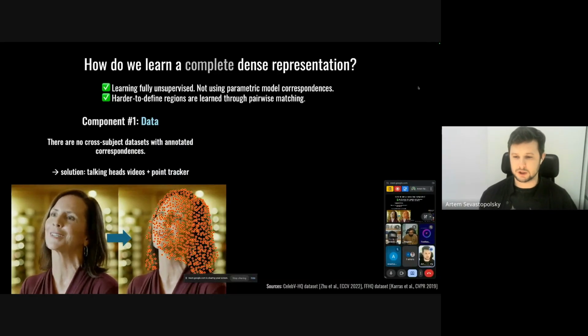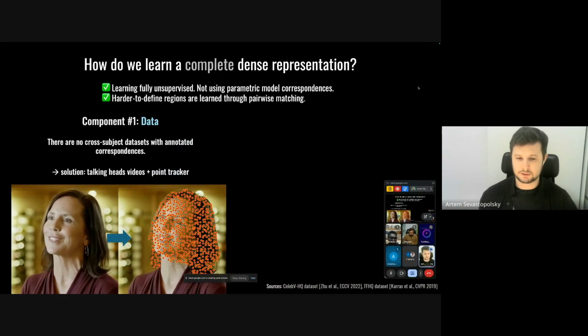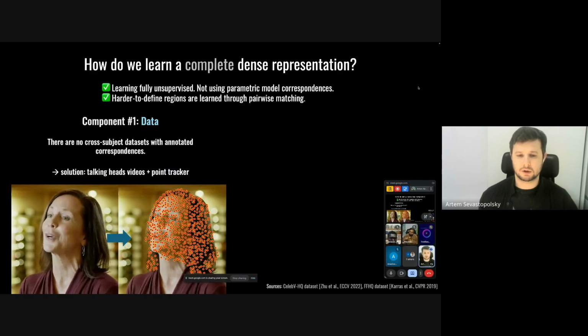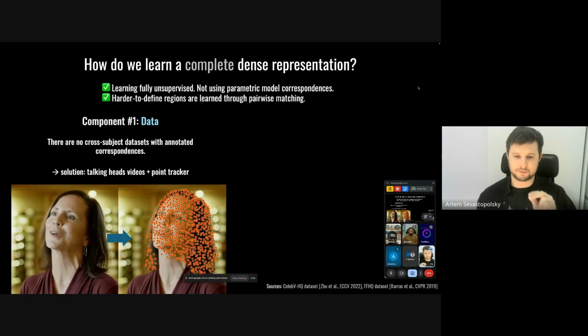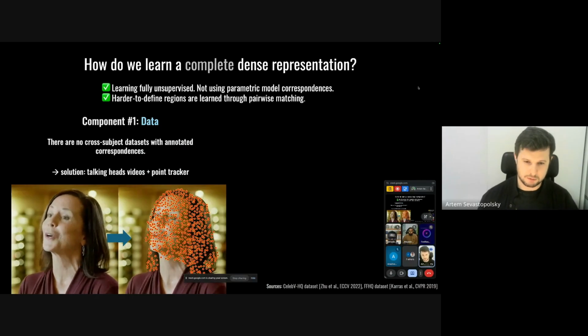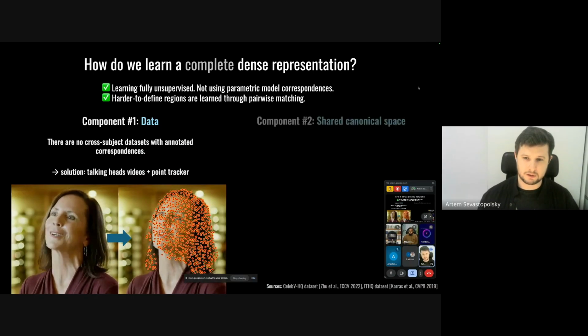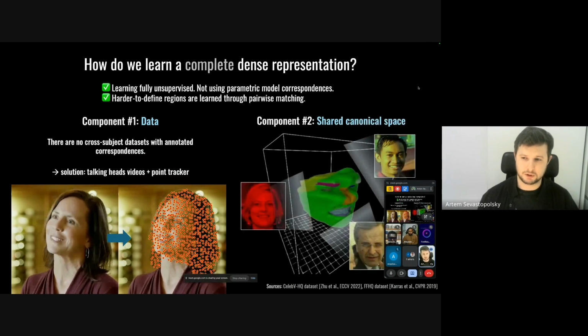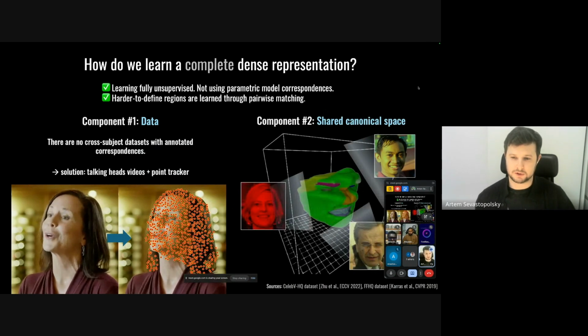And now if we take any arbitrary pair of frames in the video, we would have a point in the first frame and a corresponding point in the other frame. This will give us the supervision. And the other component which enables learning is a shared canonical space.